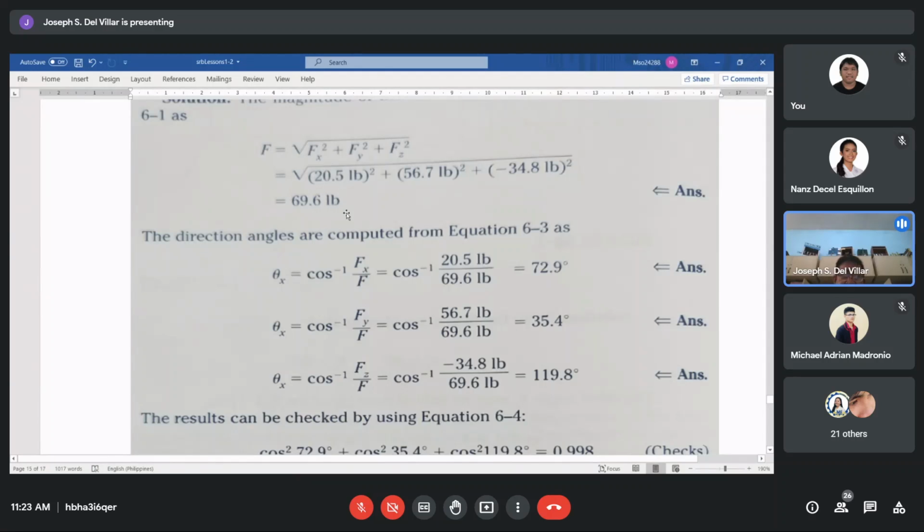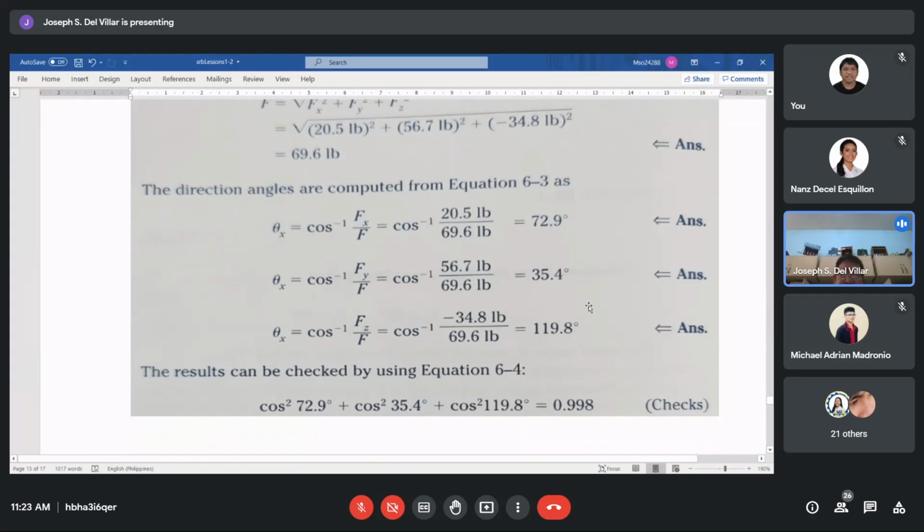69.61 pound force, 72.87 degrees, 35.46 degrees, and 120.00 degrees. Now, how do you know that you get the correct direction angles? Paano nyo malalaman na tama itong 72.87, 35.46, 120?